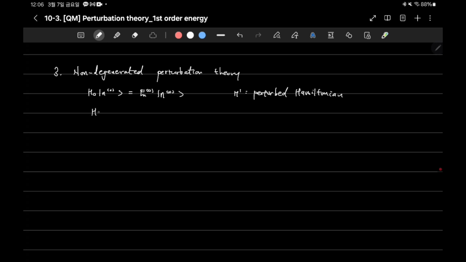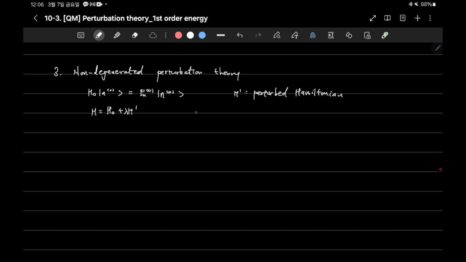So the general Hamiltonian is divided into the unperturbed and perturbed Hamiltonian. Here lambda is the parameter.